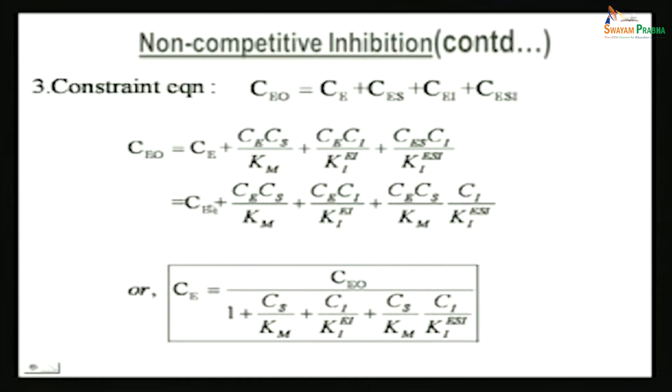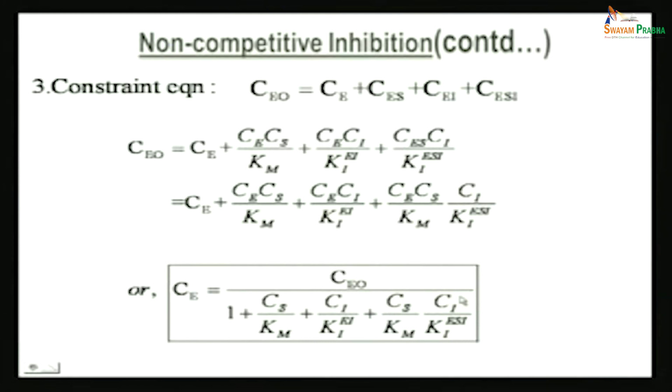Now the next step is, as I said, CE is also not something we really know, and we want to express everything in terms of CE naught. So we express CE in terms of CE naught as CE equals CE naught over this denominator, and then we can put it back into our last equation. Which equation is that?